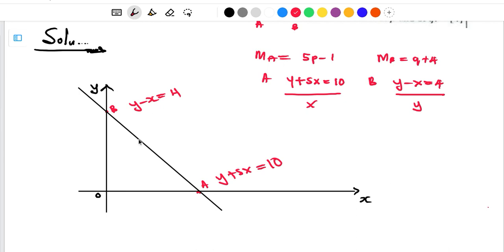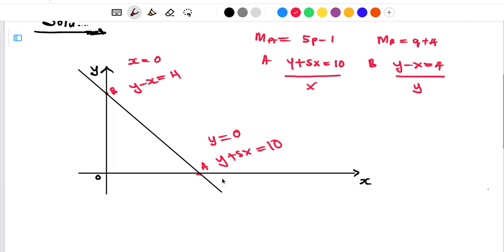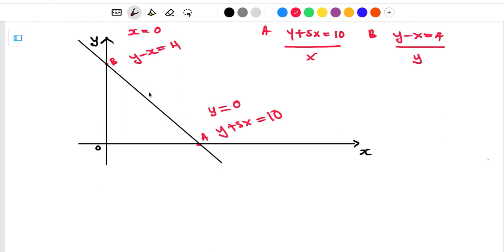You all know that on the y-axis, x is equal to 0, and on the x-axis, y is equal to 0. Our aim here is to find the midpoint of these two points.